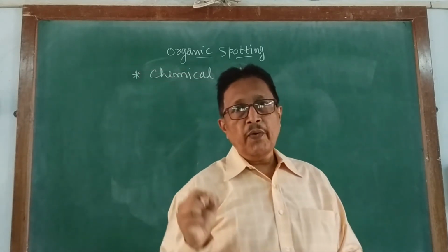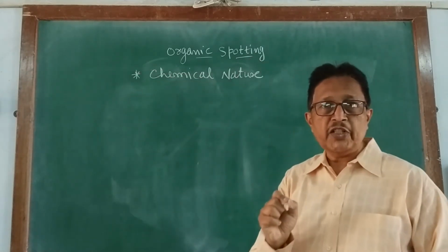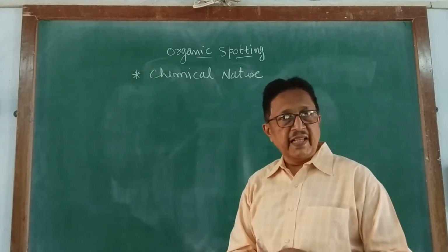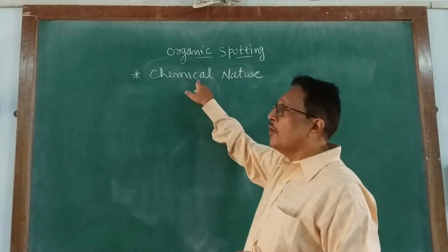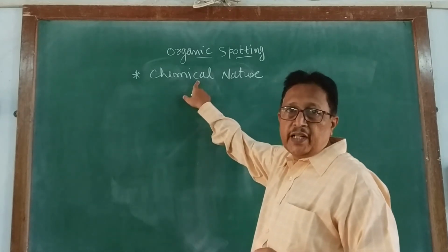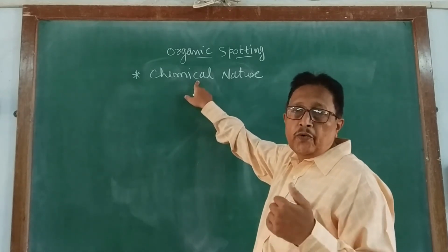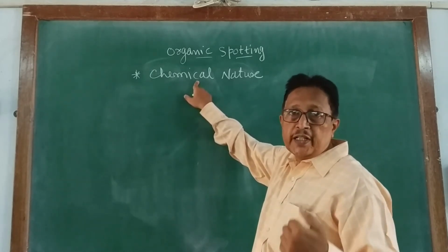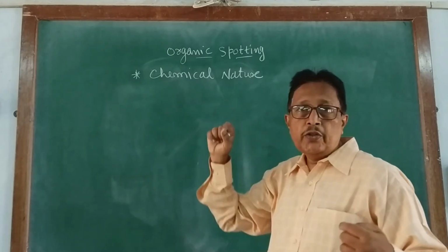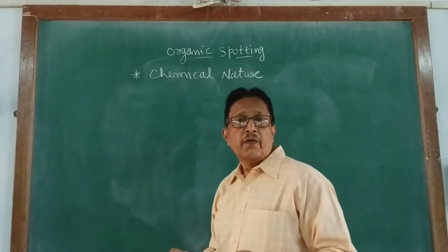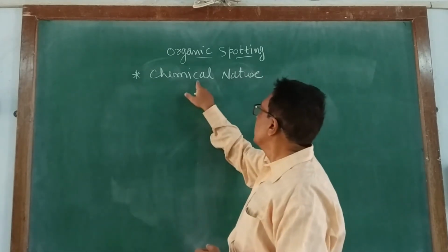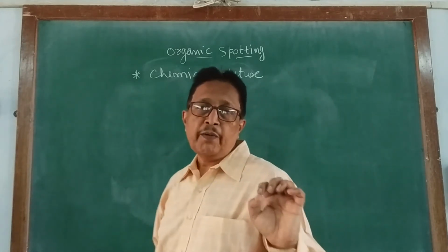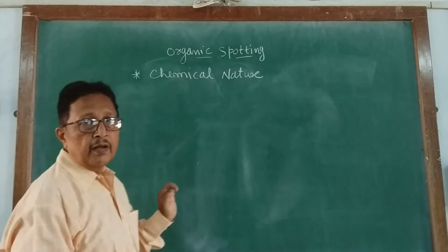If you find the chemical nature of the substance, you will get the substance exactly. But if you don't perform this test carefully and you find another chemical nature which is not given to you, then you cannot find your substance finally. So this test is very much important and you must perform it very carefully.